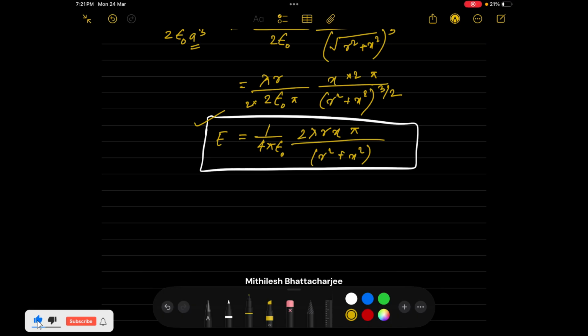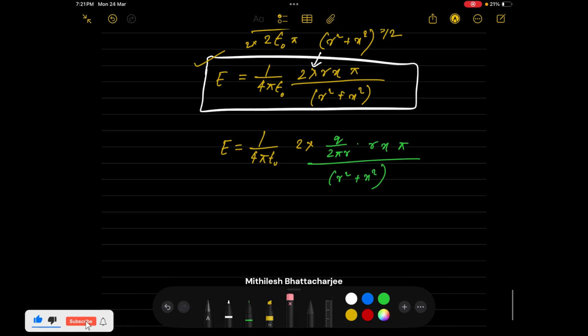If we do not want to write the lambda in this position, the next expression will be 1 by 4 pi epsilon naught 2 into lambda, which is Q by 2 pi r, into r x by r square plus x square.